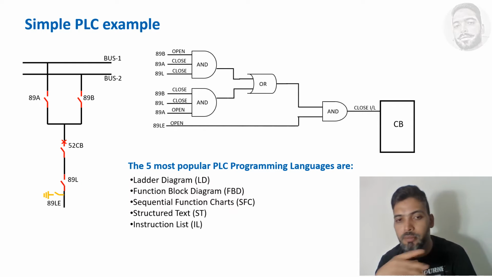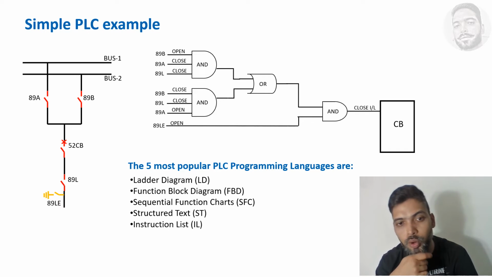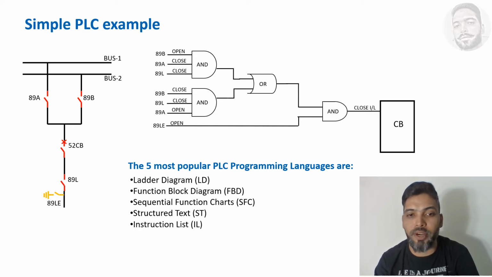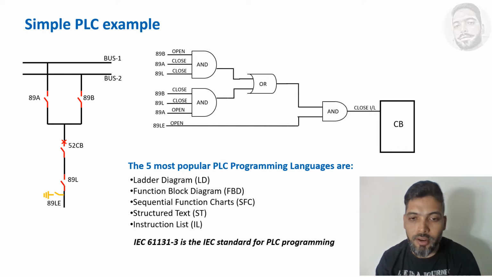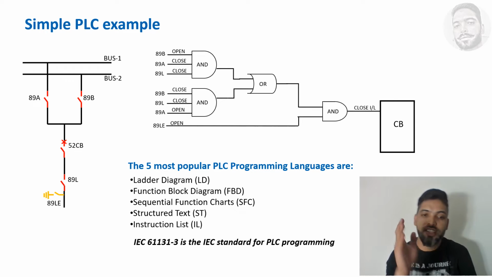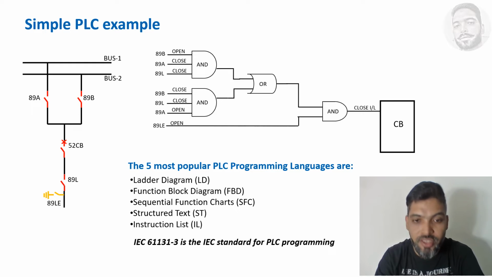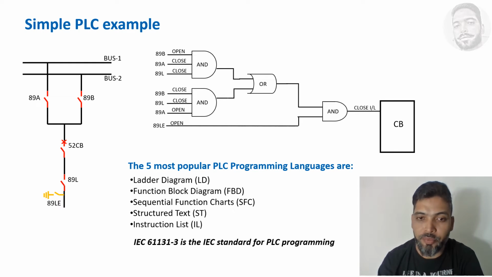In another chapter we will talk about the Multiprog software of ABB, because I know it. When we talk about that software, we will discuss the FBD diagram and ladder diagram. For programming these languages, IEC 61131-3 is the IEC standard for PLC programming.